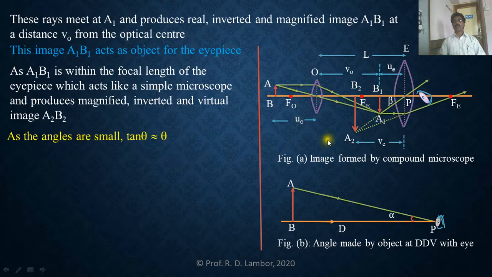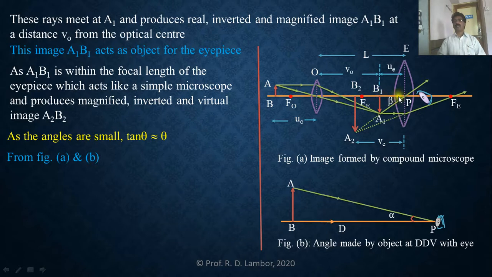So from figure A and from figure B, we refer to both the figures. From figure A, I will get tan beta nearly equal to beta. And we know that tan beta is the ratio of opposite side to adjacent side.